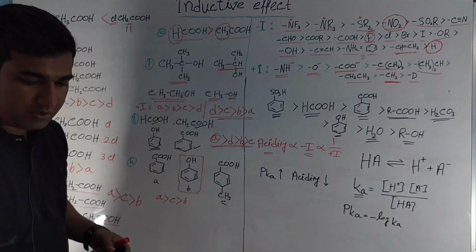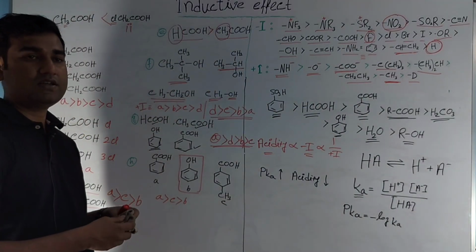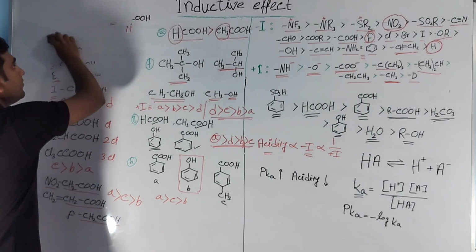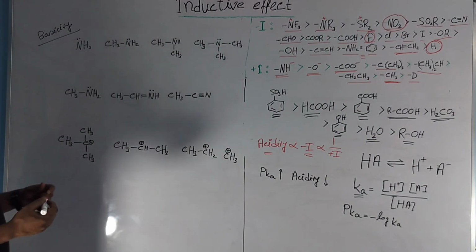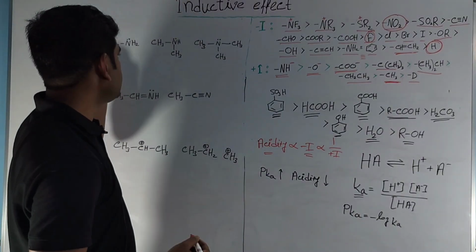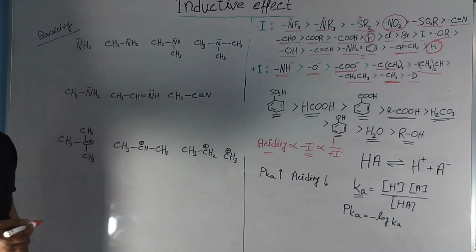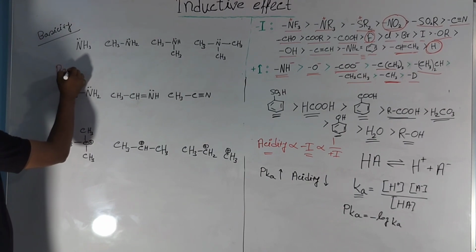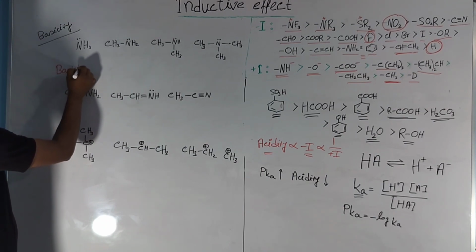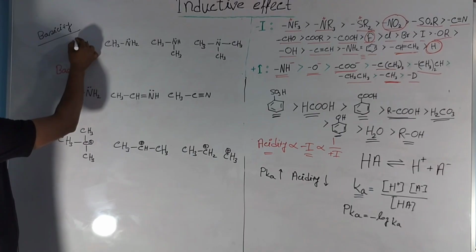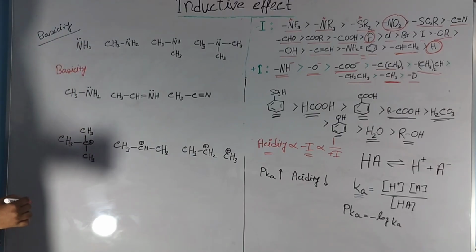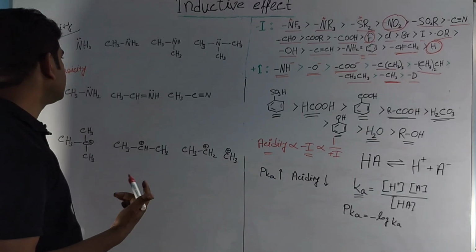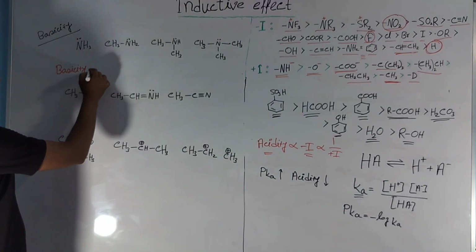So next we will discuss basicity. We have to compare the basicity of the molecules. Basicity means electron availability of the molecule. Electronically rich means basicity is higher.